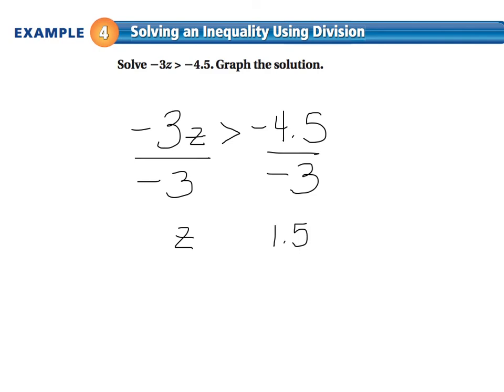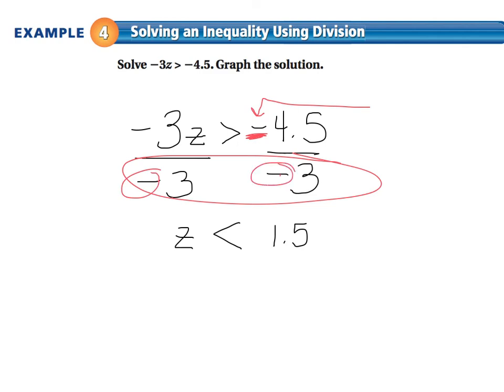But because I used the division property of inequality with a negative number, I must reverse the inequality symbol. So it's going to become less than. This negative here does not matter. It's only when you divide or multiply by a negative number. The top number does not matter. It could be negative or positive. It's this number right here. If you divide by a negative, it's going to reverse.